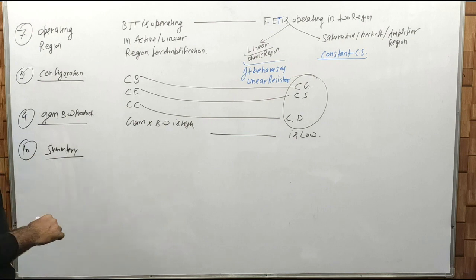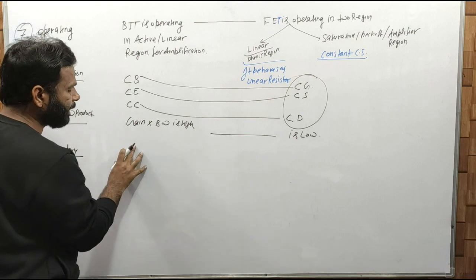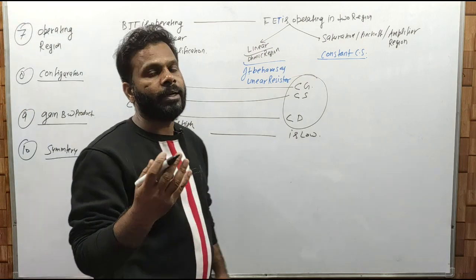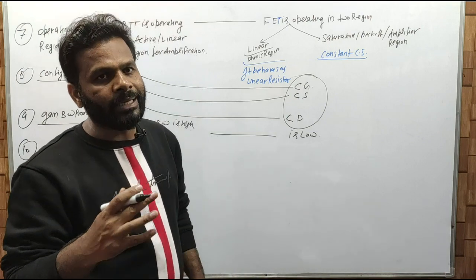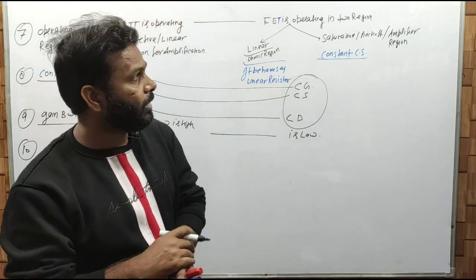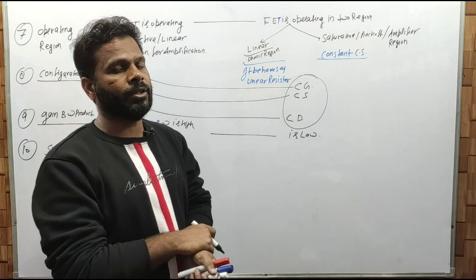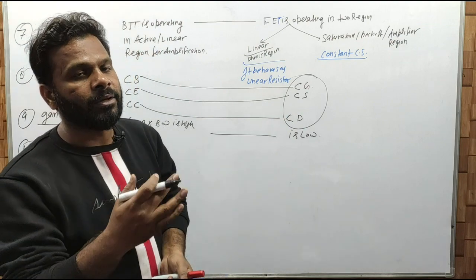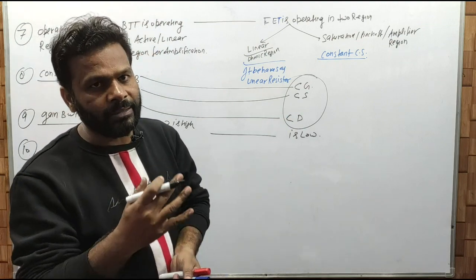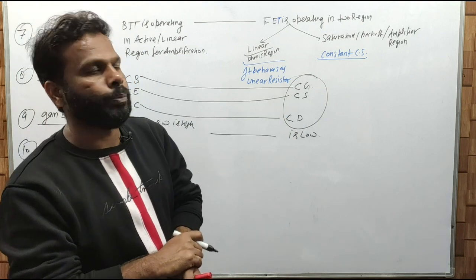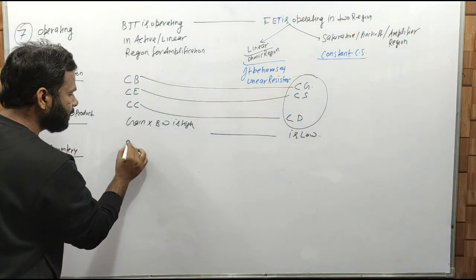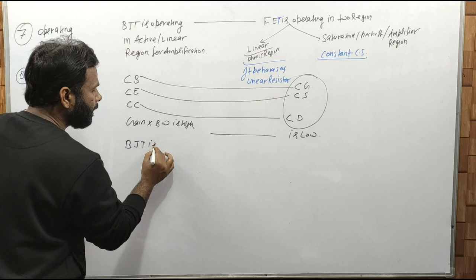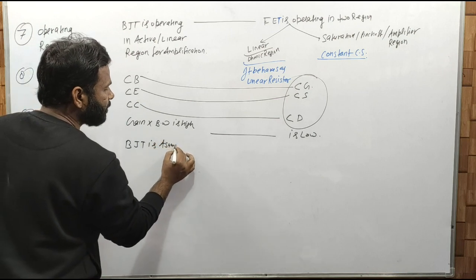ठीक है. Now in case of BJT, if we interchange the emitter and collector, then we don't get exact electrical output. But in case of field effect transistor, if we replace the drain and source, then we can get the exact electrical output. So BJT is asymmetrical device.